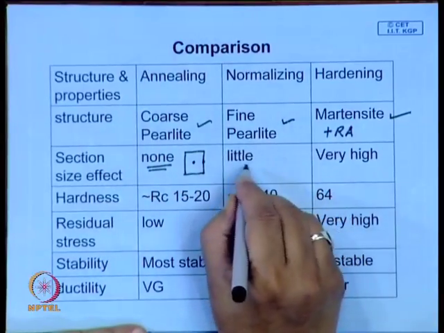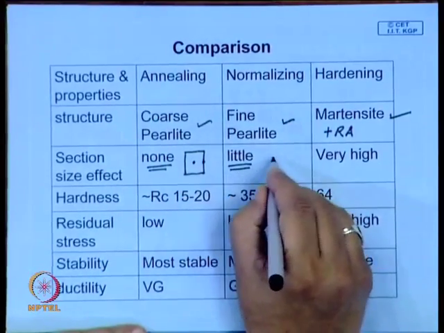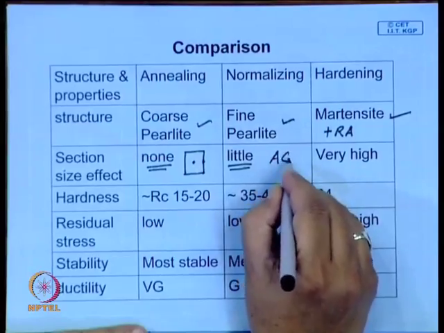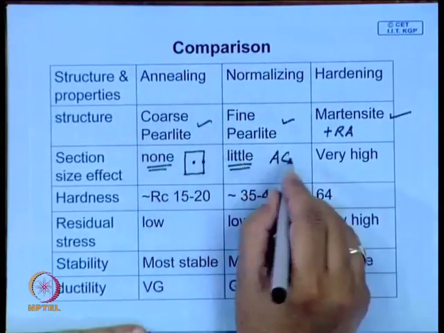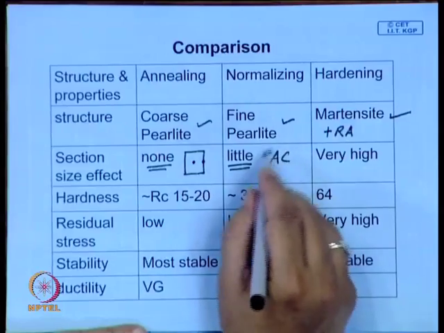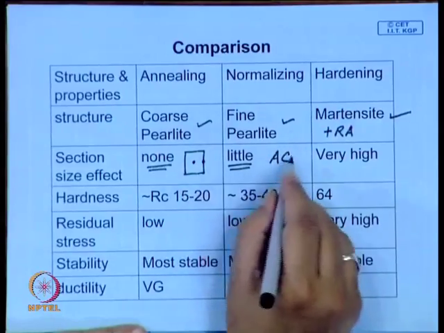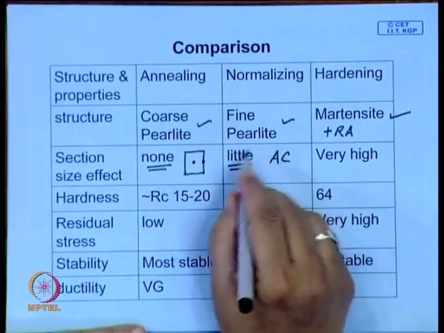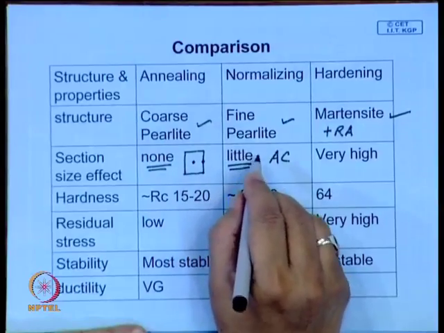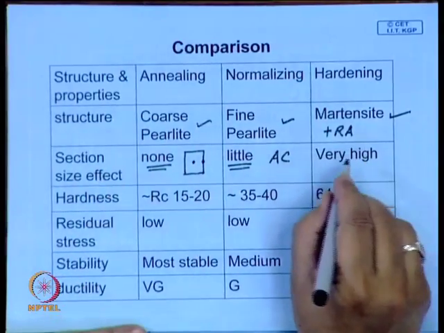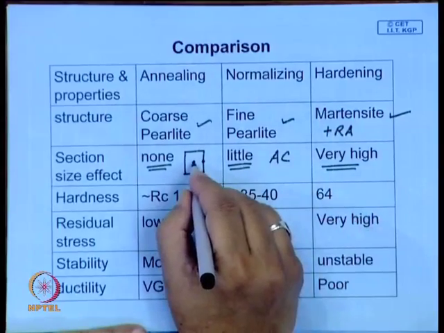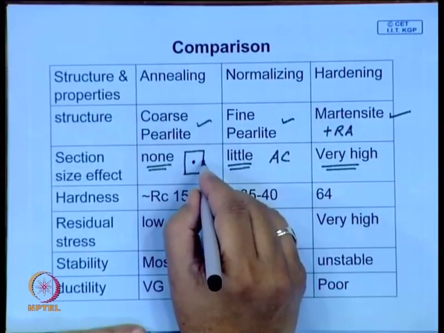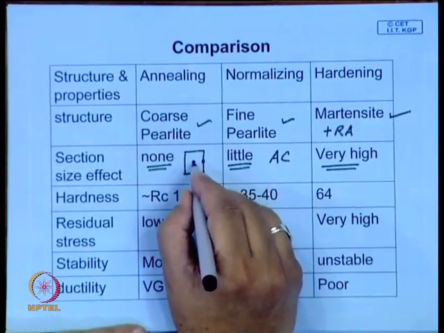In normalizing, it is air cooled, relatively fast, so there may be a little more difference in cooling. Depending on the job size, you may see a little section size effect, but in the case of hardening, where you are quenching, there will be a large difference in temperature between the surface and the center.